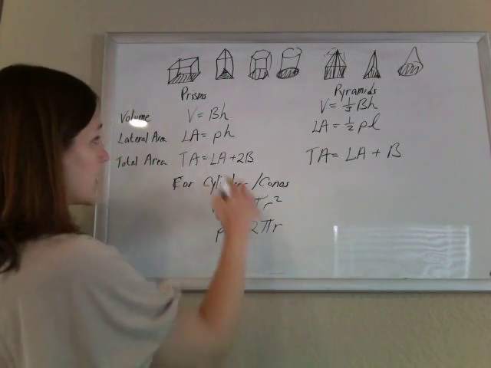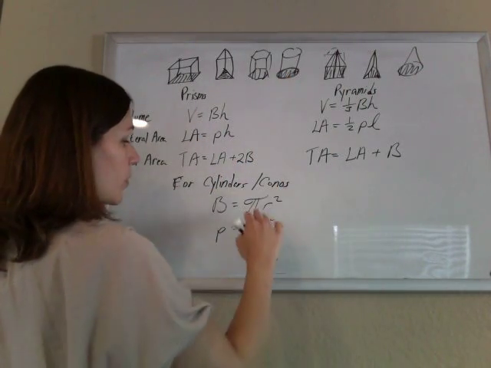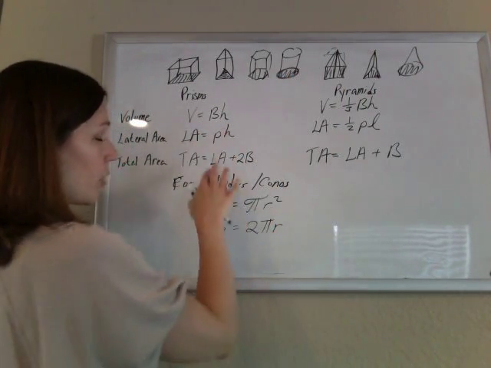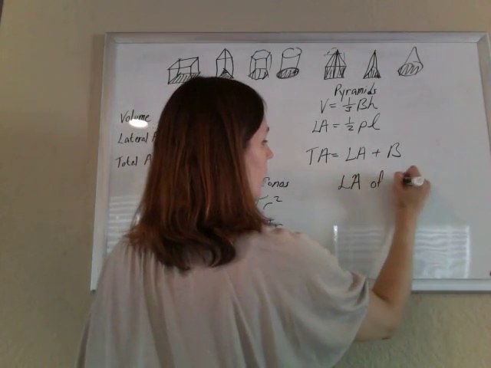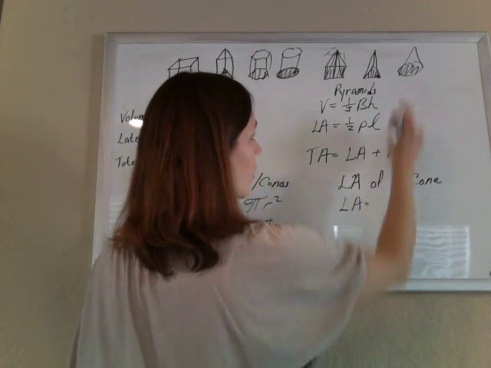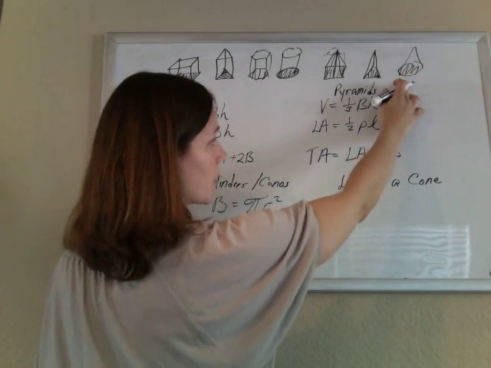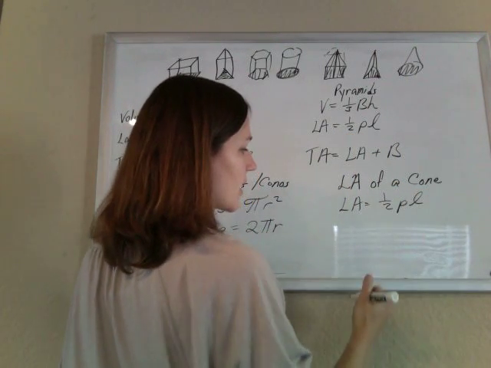So no need to memorize separate formulas for cylinders and cones. Just put these into those. So for example, if I want the lateral area of a cone, I know that a cone is like a circular pyramid. So the lateral area is 1/2 the perimeter times the slant height.